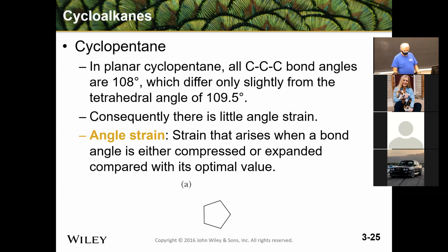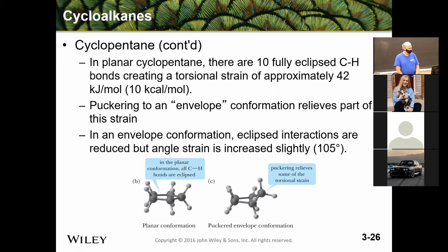With cyclopentane, there's very little angle strain. But if all 5 carbons are in the same plane, there is torsional strain because of eclipsing of hydrogens. That is relieved by puckering the ring into the envelope conformation. This relieves torsional strain, but angle strain is increased very slightly.